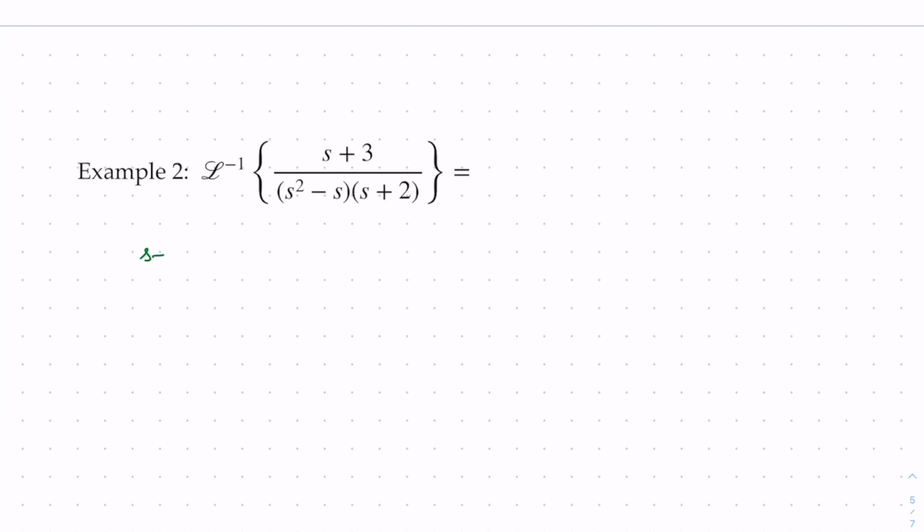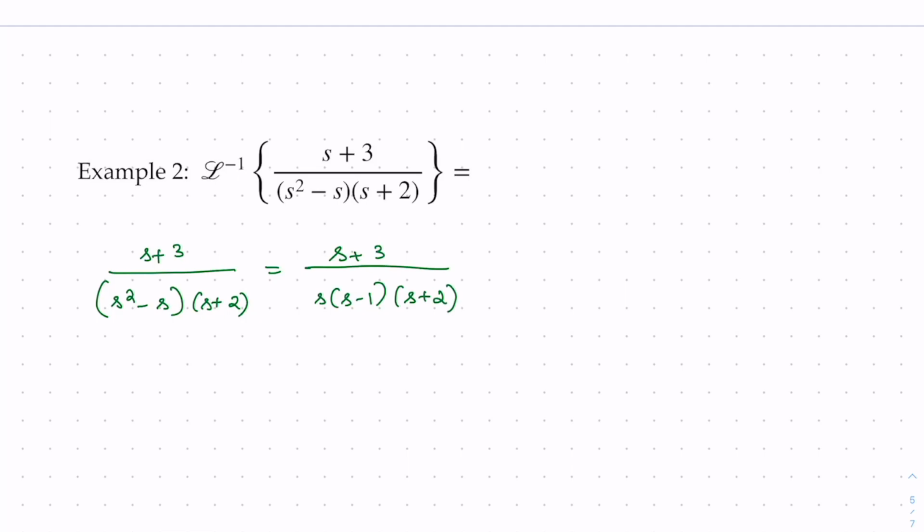So if I have s plus 3 over s squared minus s times s plus 2, and if I rewrite it, ladies and gentlemen, this will be s plus 3 over s times s minus 1 times s plus 2. And you can work out the partial fractions.